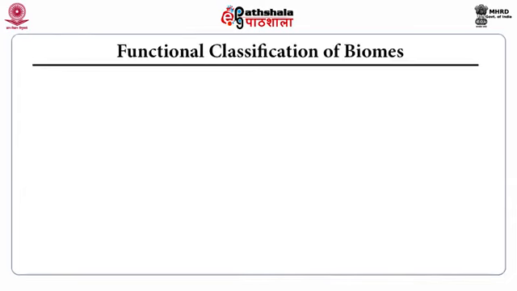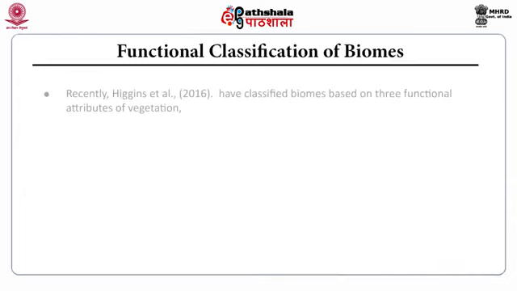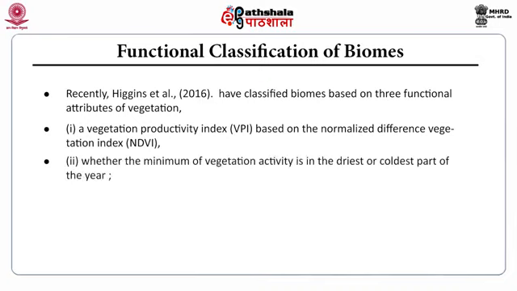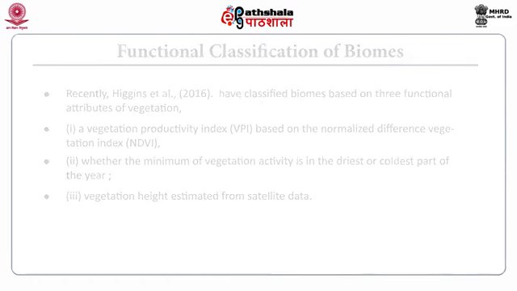The functional classification of biomes. Higgins et al. in 2016 have classified biomes based on 3 functional attributes of vegetation. The first, vegetation productivity index based on the normalized difference vegetation index, NDVI; whether the minimum of vegetation activity is in the driest or coldest part of the year; and vegetation height estimated from the satellite data.